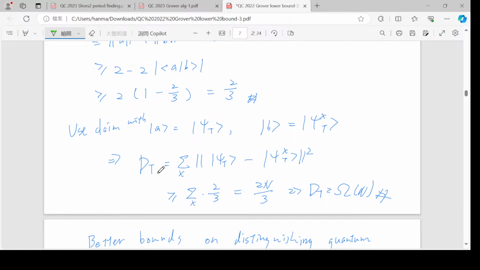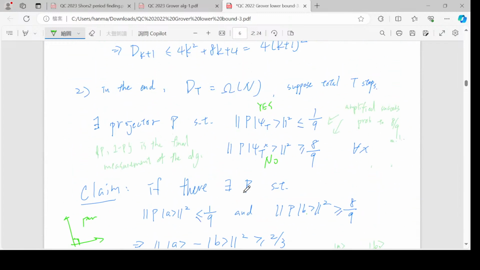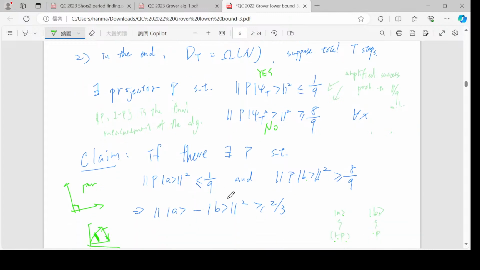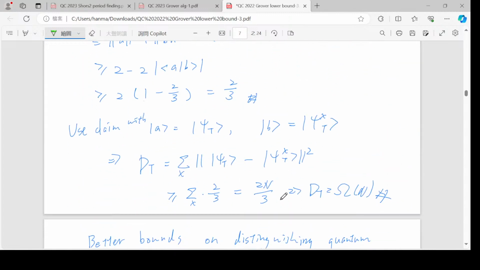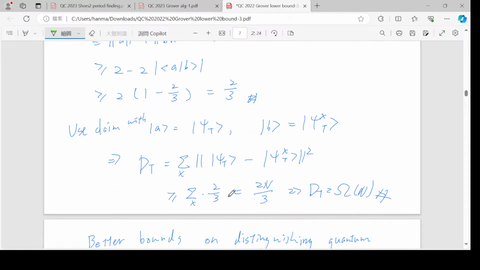So for every x, the distance between psi t and psi xt squared is greater than or equal to 2/3. The total distance is the sum over n of 2/3, so it's 2n/3. And that is a complete proof of optimality of global search. Oh, actually faster than I thought.